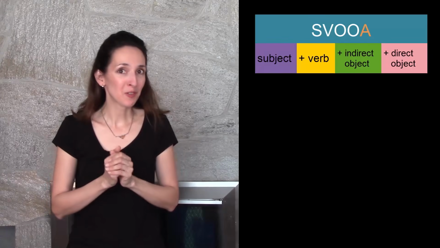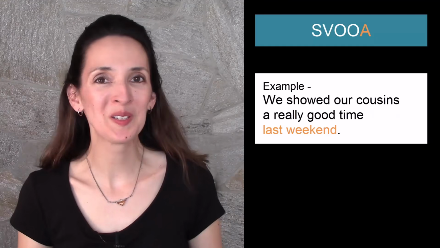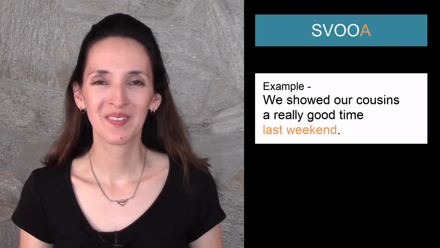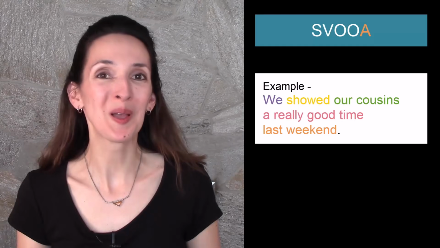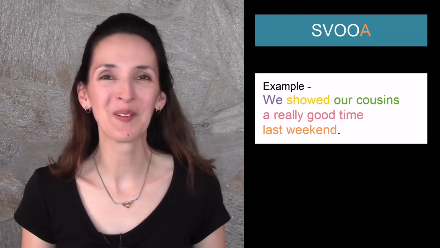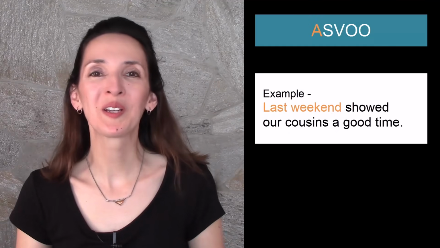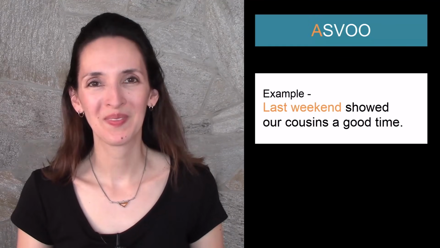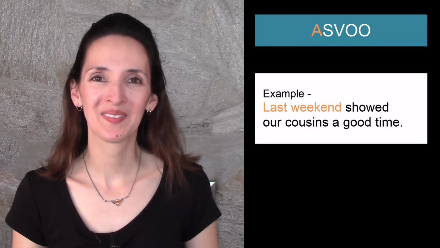We can add an adverbial. Look at these 2 examples. We showed our cousins a really good time last weekend. Subject plus verb plus object plus adverbial. Last weekend, we showed our cousins a good time. Here we have the adverbial at the beginning.